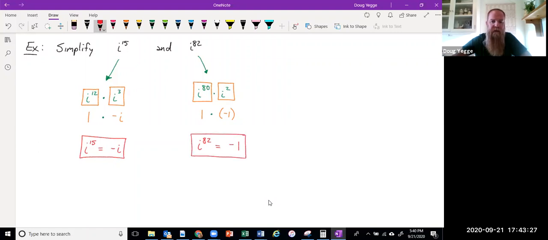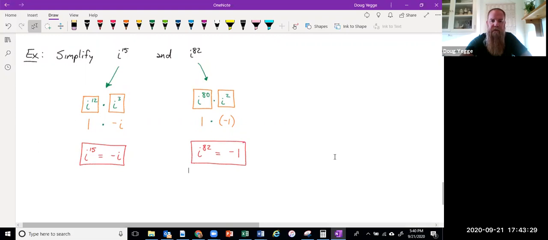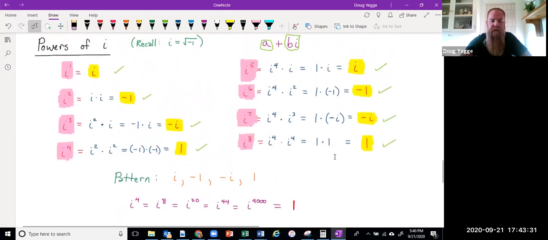And so going back to our pattern in this real or imaginary result, I should realize that every one of these does in fact look like a plus bi. I can think of this as 0 plus i, and this as negative 1 plus 0i. This is 0 minus i, and this is 1 plus 0i.